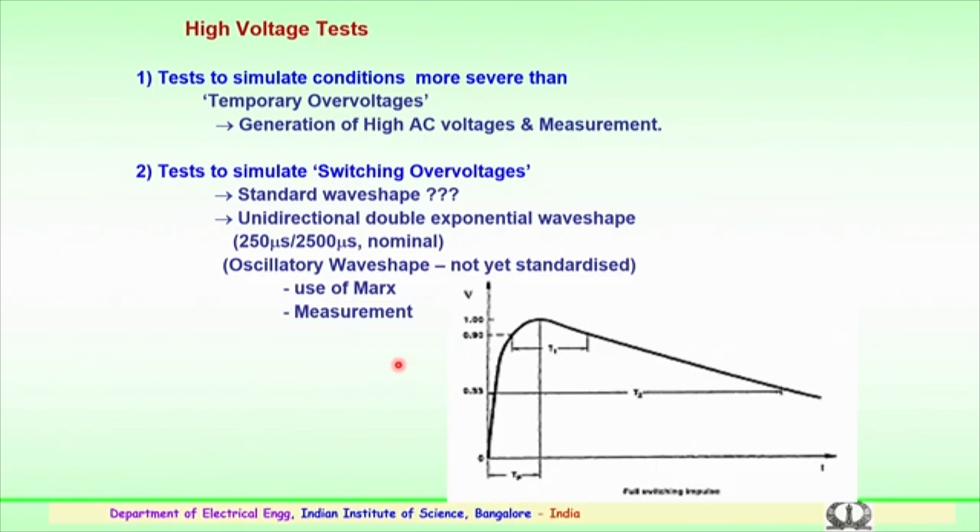You get a double exponential waveform by suitably adjusting the front and tail resistors. This is obtained, and suitable measurements are used to check the magnitude of the waveform and also the front and tail time respectively.